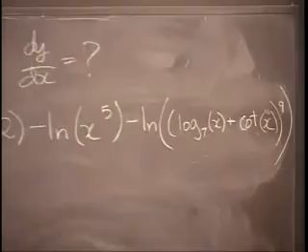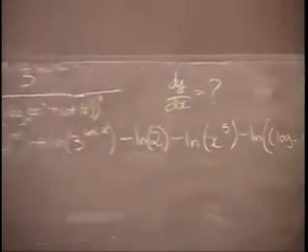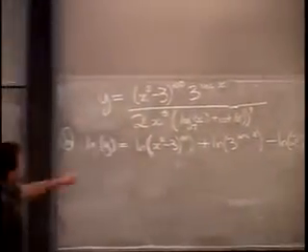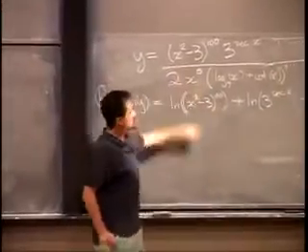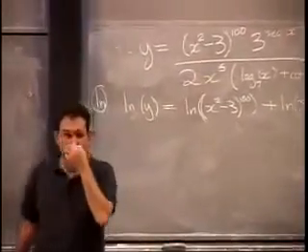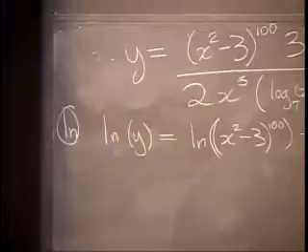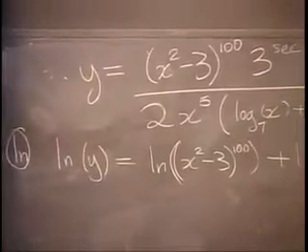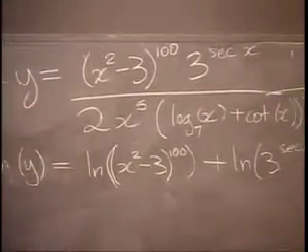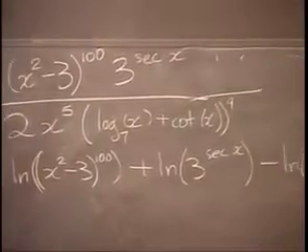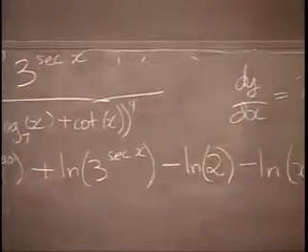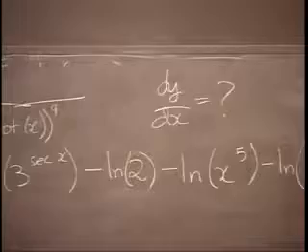Do you all agree? I've just used the log rule. Log of a product is the sum of the logs, and log of a quotient is the difference. So everything that was on the top, every factor got its own log. Every factor on the bottom got its own log with a minus out the front. Okay? You need to be able to do these manipulations with log rules.